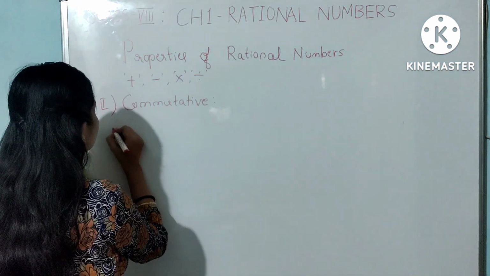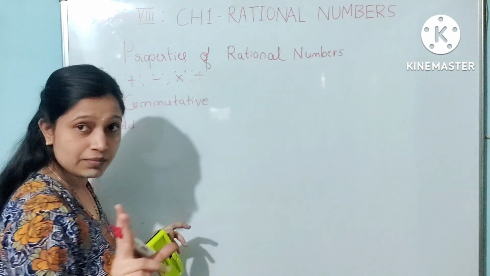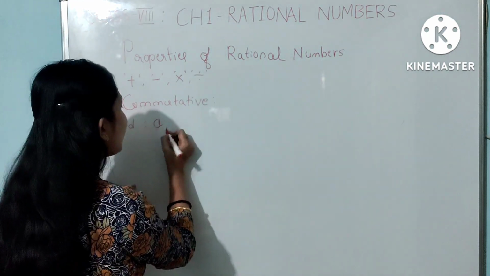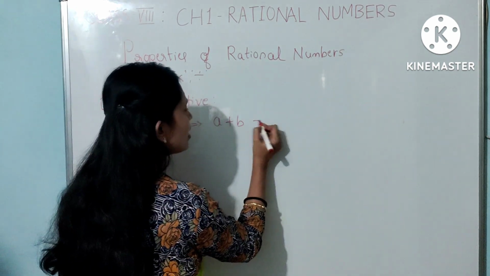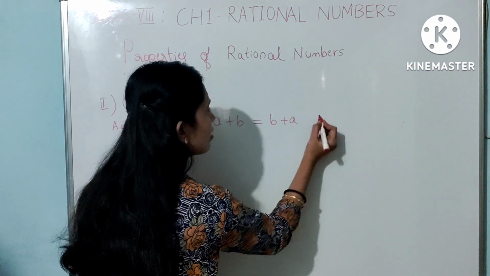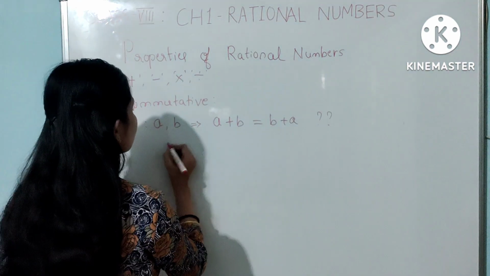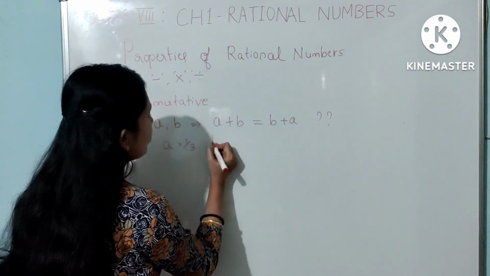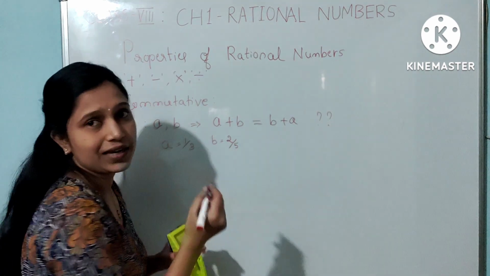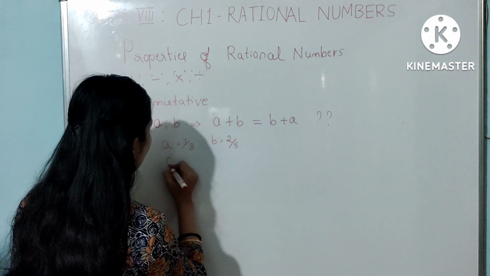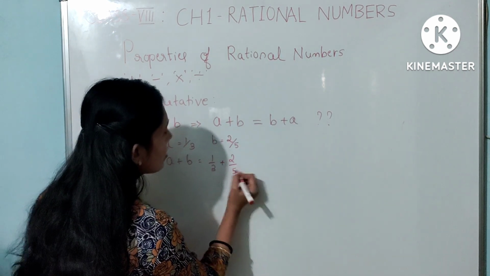The first one is addition. For addition, for given two numbers, in general a, b, is a plus b equal to b plus a? Do we need to check the same? Yes. Let us take an example. a is equal to 1/3, b is equal to any number, like 2/5. We'll take 2/5 this time. a plus b, how much does it become? 1/3 plus 2/5.